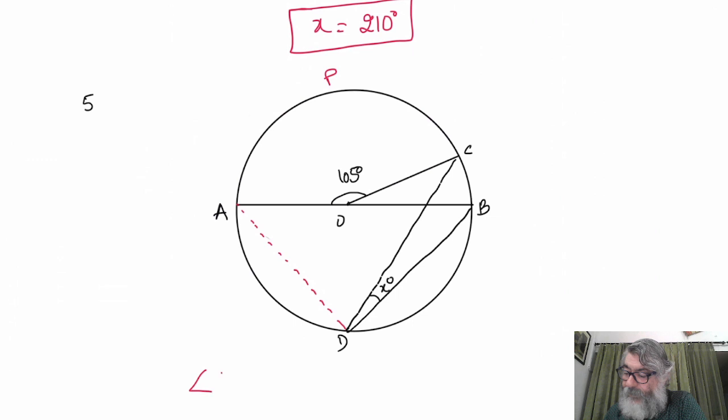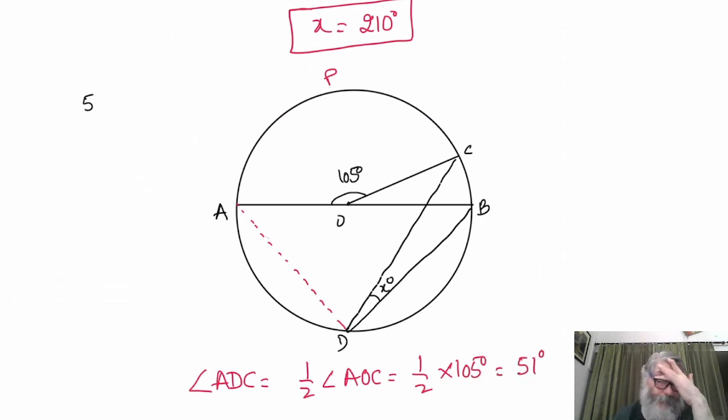Angle ADC will be half of angle AOC. That is half of 105, 51 degree. Why 51 degree? Angle subtended by an arc at the center is double the angle which it subtends at the remaining part of the circumference. You can write double angle property.